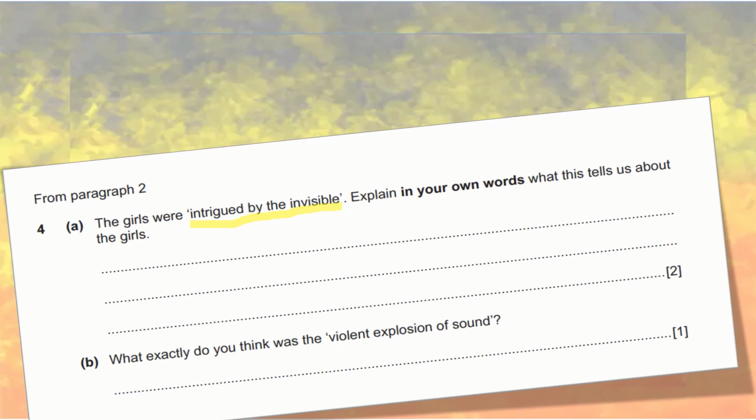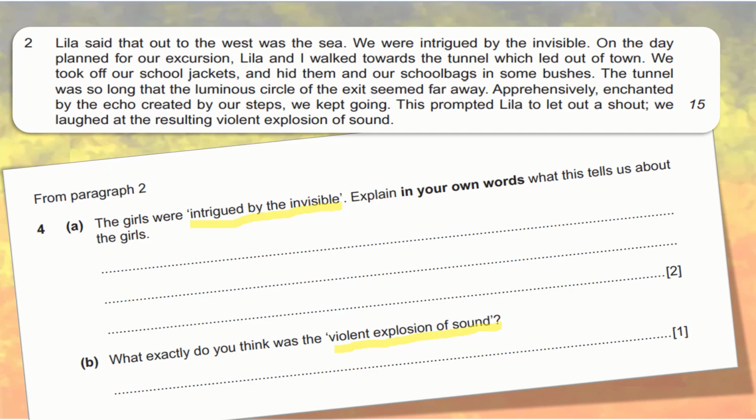What exactly do you think was the violent explosion of sound? What was the loud sound? So we don't have any idea about the passage so far. So let's read the passage so that we can have an idea of what it is about. Leela said that out to the west was the sea. So we were intrigued by the invisible. What is invisible?